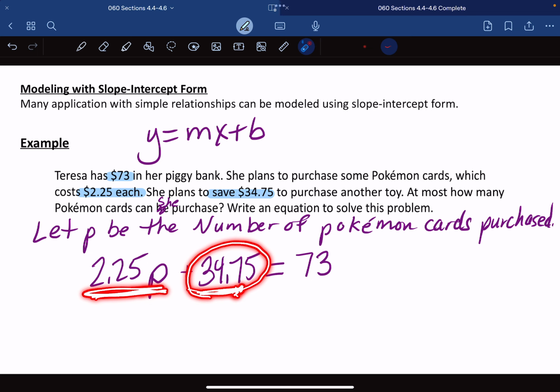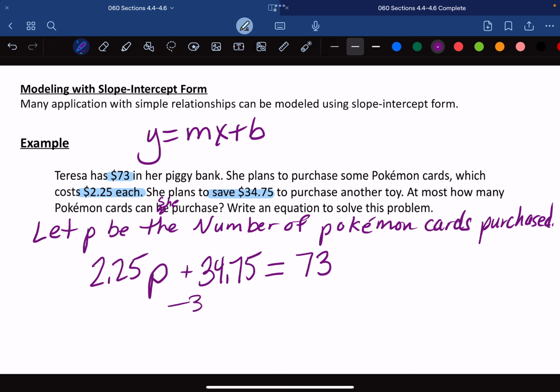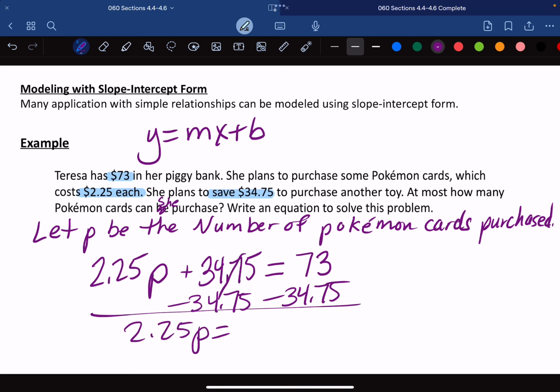That's the constant value. The thing that's changing is our Pokemon cards, and it's changing by the same amount each time, the $2.25. And now we're just going to solve this problem to figure out how many cards Teresa can purchase and still get the other toy that she wants to get.